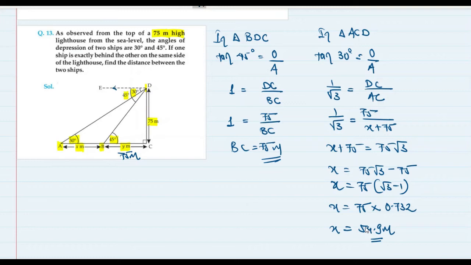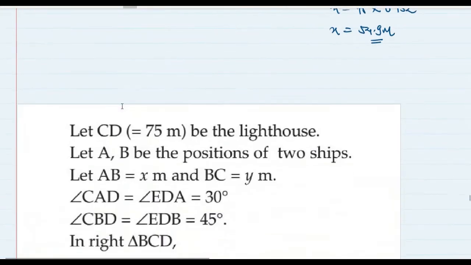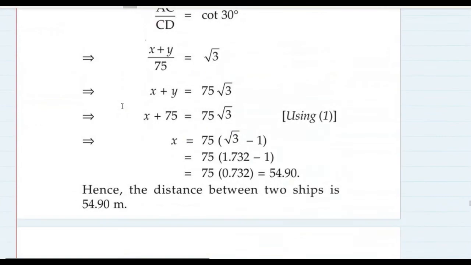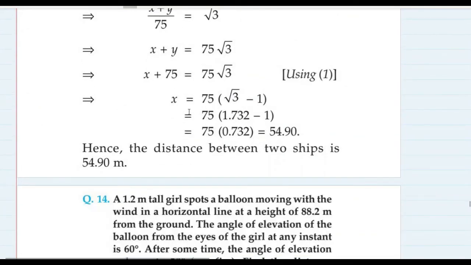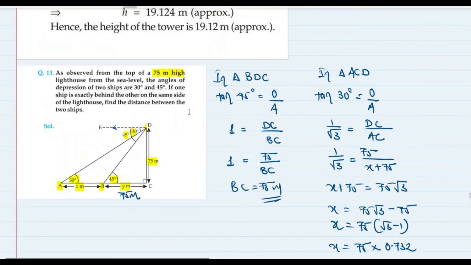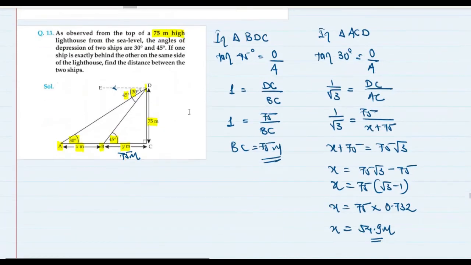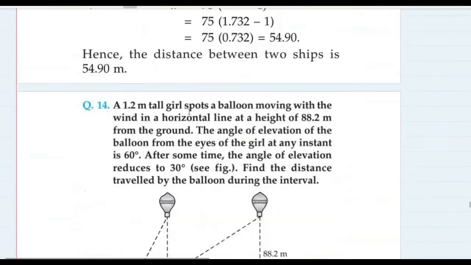That's the distance between the two ships. Let's check the answer. Did you understand the figure and everything? Good. 54.9 meters. Right? So easy question, right? Only thing, angle of depression is a little new thing for you, but not at all difficult. Let's go to the next question.